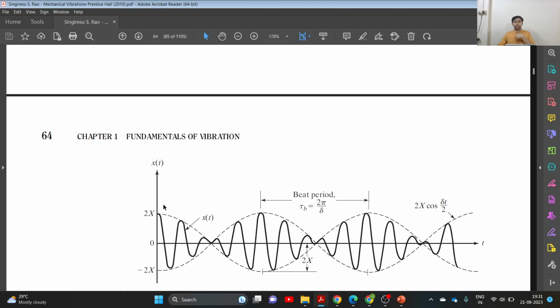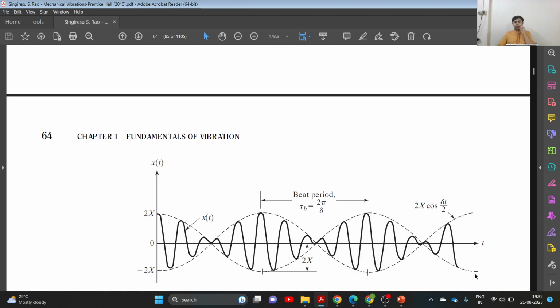Yeah, that is the case, right? So this outer one is lower in frequency than the inner one. The inner sine wave is oscillating at a greater frequency, completing more cycles, whereas this time period is actually longer, right? So that would be double of this beat period, no, sir.